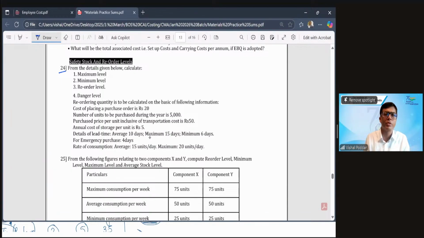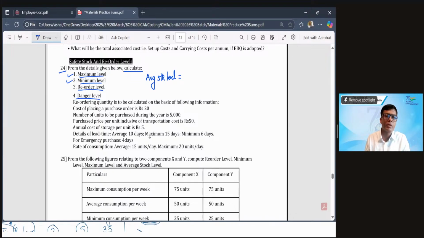Simply, in the question they will say that you have to calculate all stock levels. Now, one of the stock levels, though not mentioned, that we should calculate is also the average stock level. Wherever maximum and minimum come, we all know that there is one more stock level, which is the average, right?